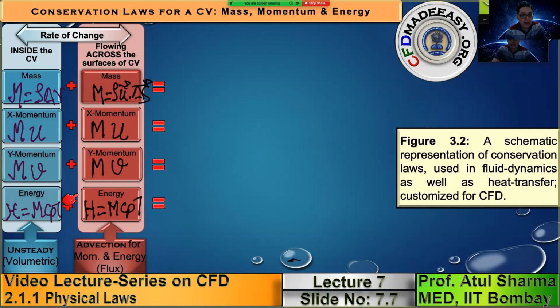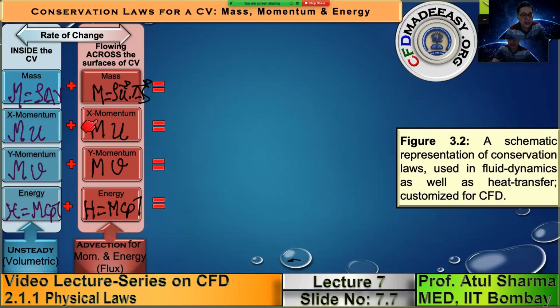Note that the rate of change inside involves terms which are mass, and mass is directly proportional to volume. So that's why all these terms are called volumetric terms. They depend on volume.